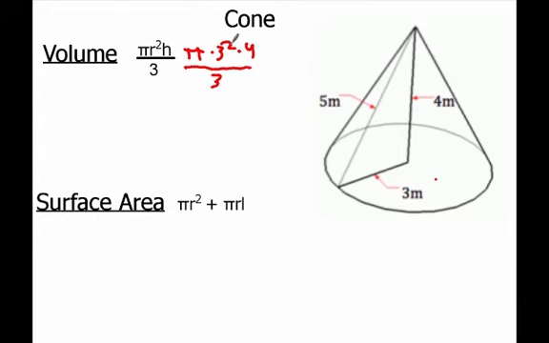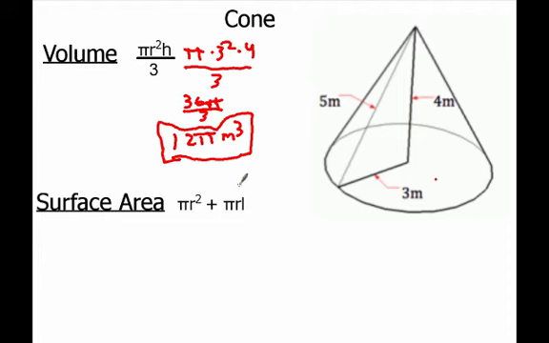Work this out on top. 3 squared is 9, times 4 is 36. So we get 36 pi on top of our fraction here, divided by 3. 36 divided by 3 gives us 12 pi meters cubed.